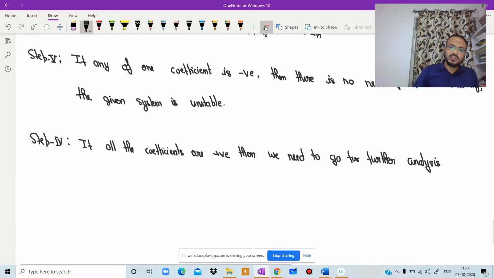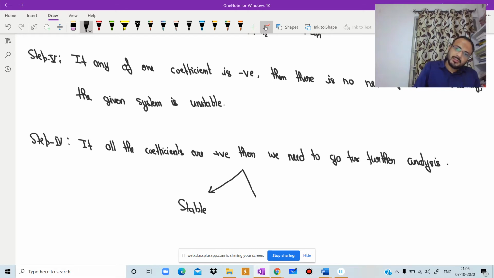Is it clear up to this point? There should be no doubt. Then it may be stable. Both cases arise: may be stable or unstable. Then we need to check.